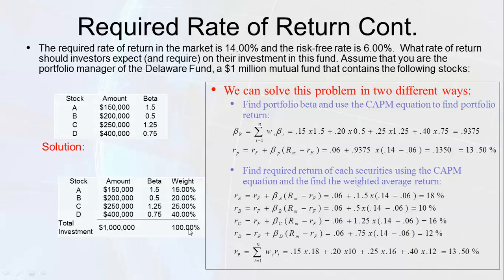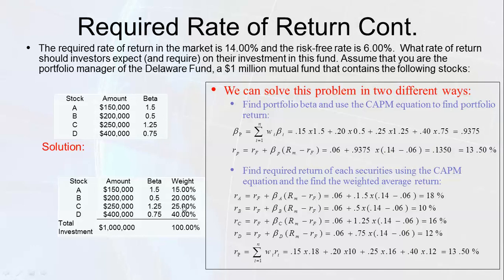Okay. Once you find the weight of each of them, then you can compute portfolio beta. Portfolio beta is the beta of each security times the weight of each security. So you are putting 15% of your investment in stock A. So 15% times 1.5 beta plus 20% times 5.5 beta, and again, beta is not a percentage.